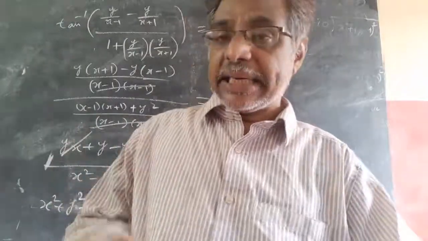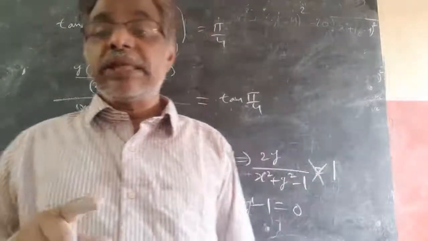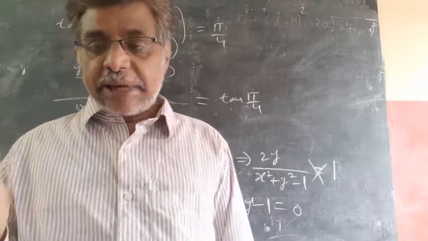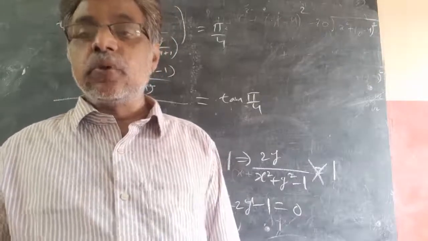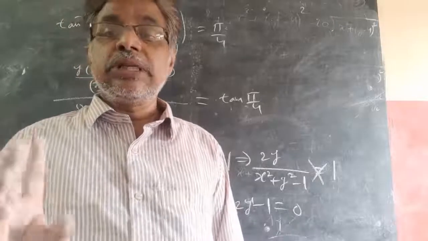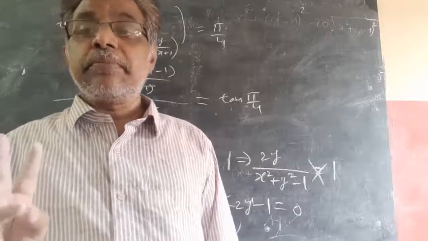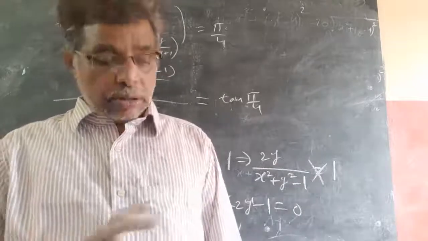Next, related to this is another chapter, complex numbers De Moivre's theorem. We will start De Moivre's theorem tomorrow. From that, one 7 marker and one 2 marker, the complete complex numbers and De Moivre's theorem big chapter brings you 17 marks, so do this chapter carefully. Actually previously this was only one chapter.